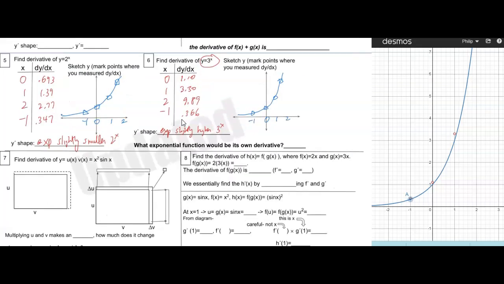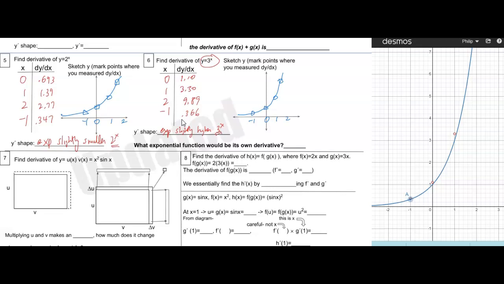Okay, so isn't that interesting that when you take the derivative of the 2 to the x function, a base of 2, you get a slightly smaller version of itself as the derivative. When you do it with a base of 3 to the x, you get a slightly bigger version.